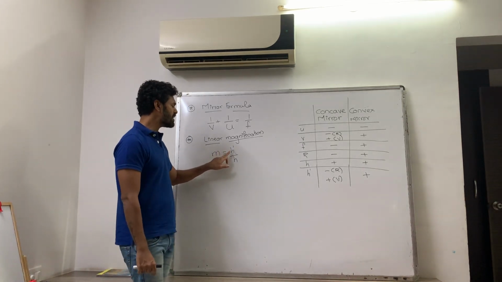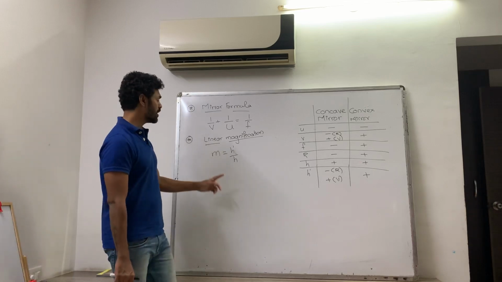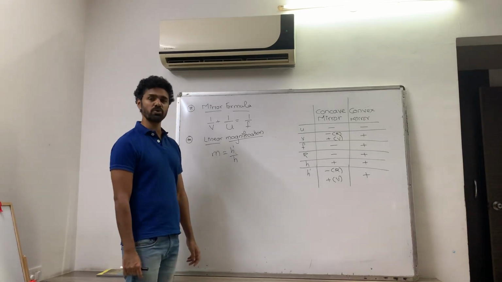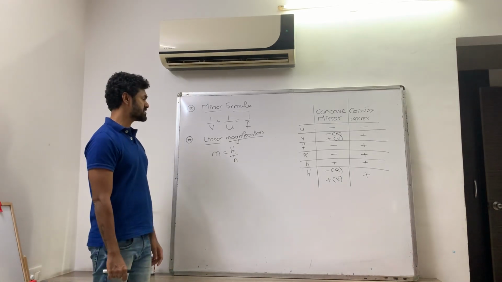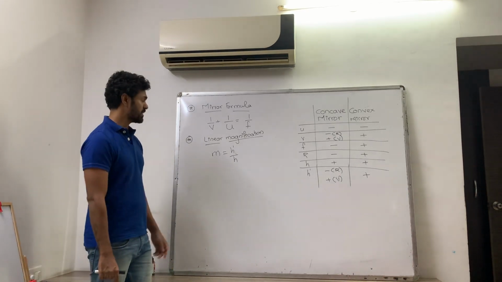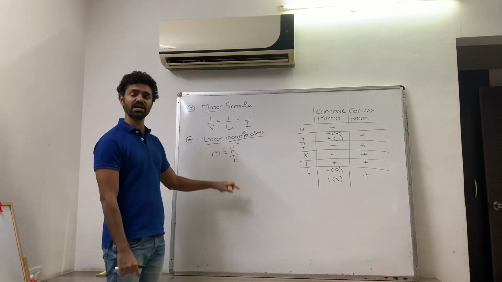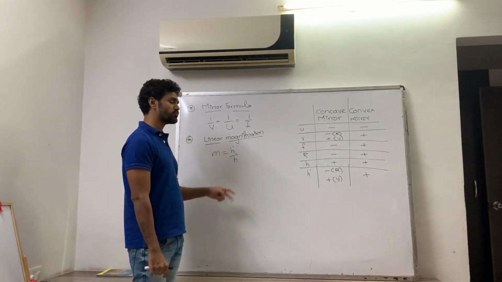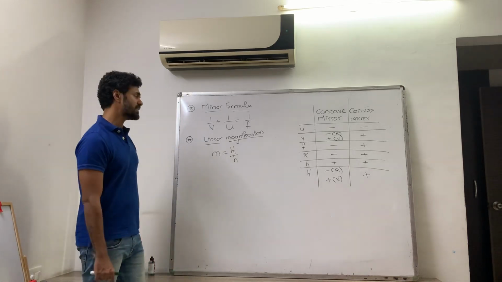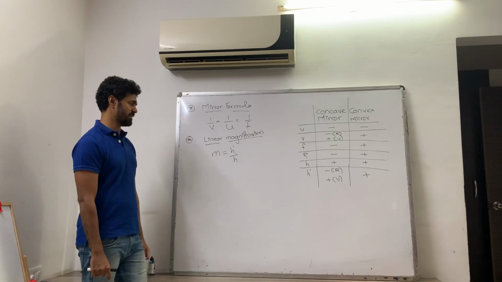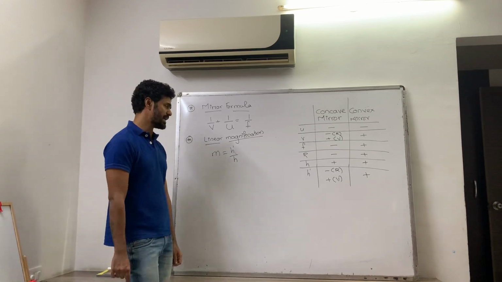Now if the height of image is greater than the height of the object, the value of m would be more than 1. That is, if the value of m is more than 1, we can conclude that the image is a magnified image. And if h dash is less than h, that is, the height of image is less than the height of the object, then the value of this fraction will be less than 1. So a value of m less than 1 suggests that the image is a diminished image. That is one way of looking at it.